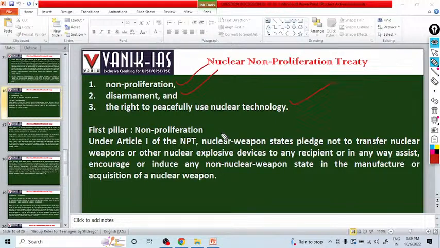Fine. This is the first pillar of the NPT.